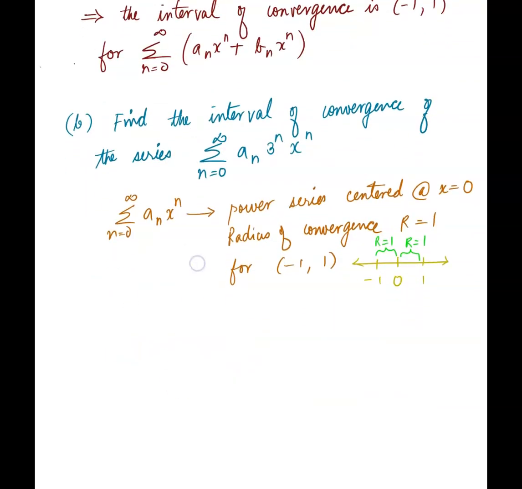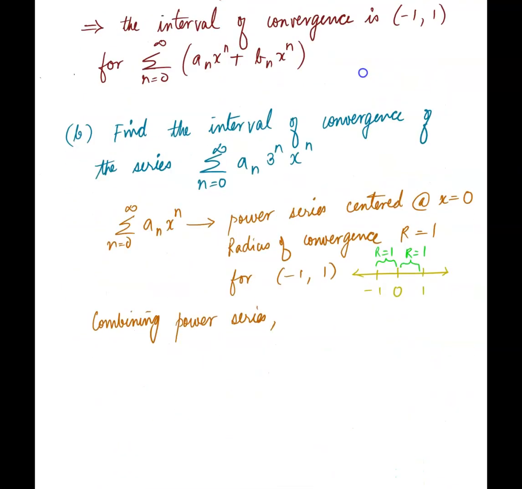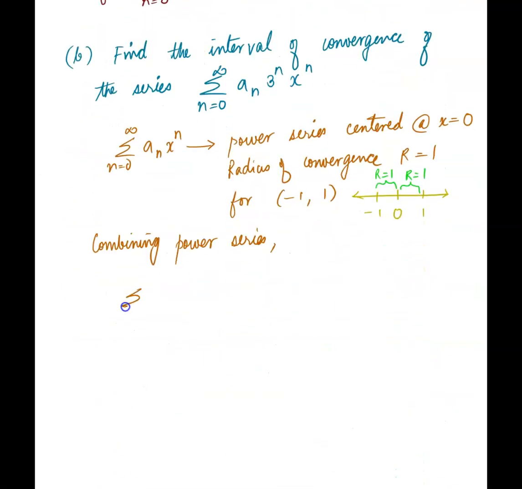And if you looked at the combining power series, let me just write out what we have. We have a n 3^n x^n.